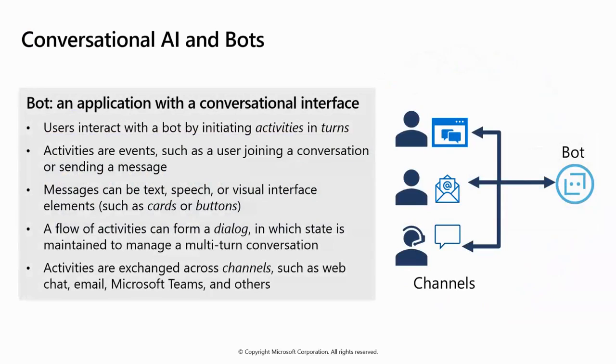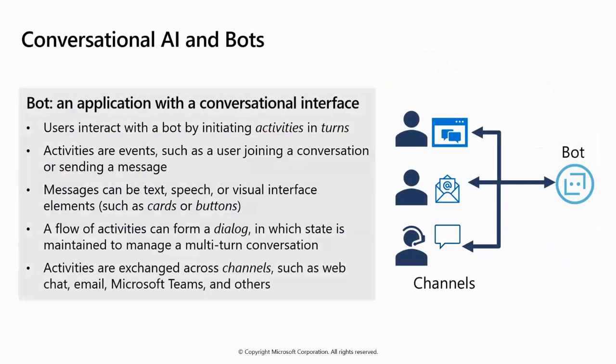There are many ways to use a bot, but here are some of the most common ones. When interacting with a bot, users can trigger new actions. Users' participation in a conversation or the transmission of a message are examples of activities.